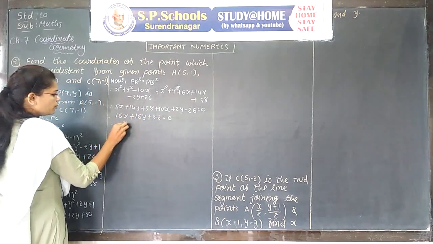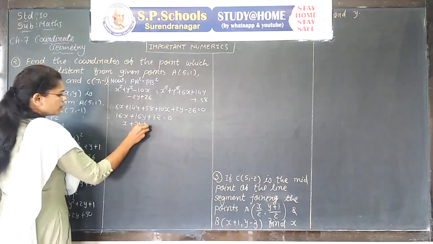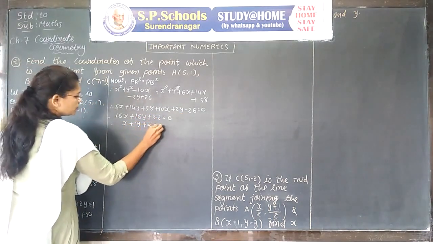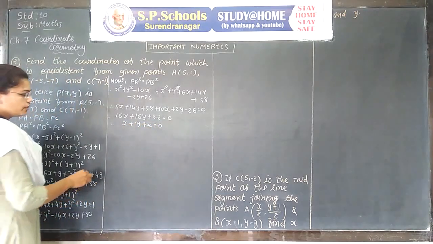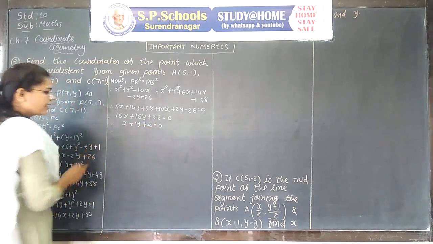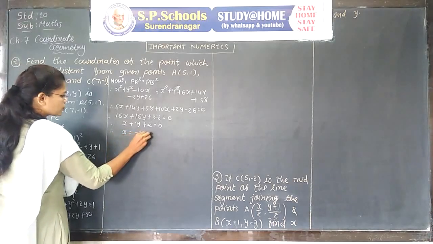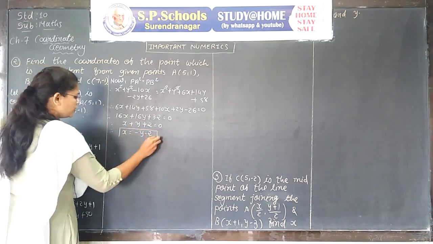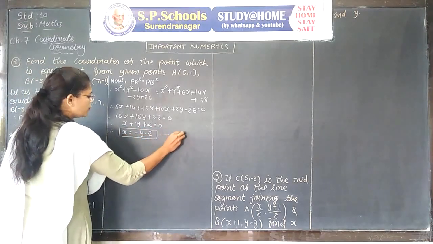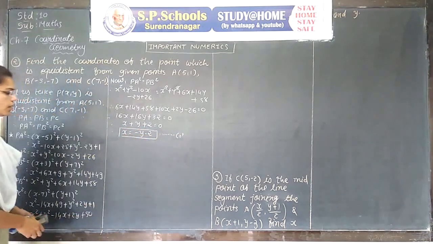Now 16 is common: x plus y plus 2 is equal to 0, which is our first equation. Or make x or y the subject. Suppose x is equal to minus y minus 2. It is the value of x in terms of y. Suppose it is our result number 1.